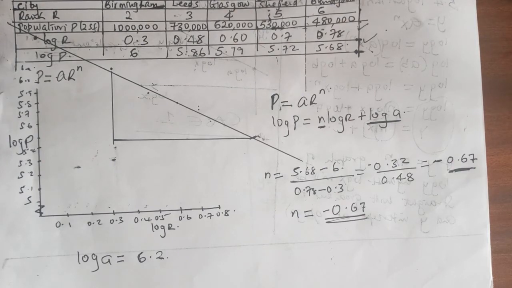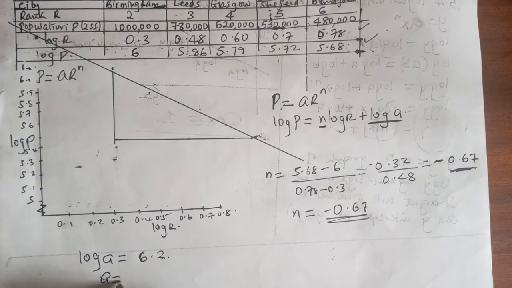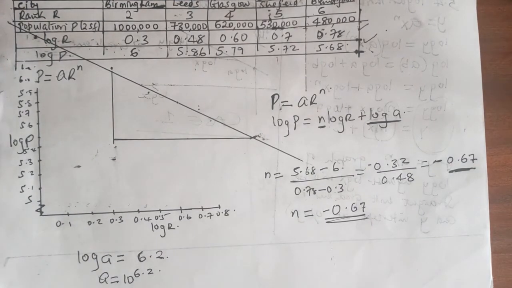So if the logarithm of A is 6.2, it follows that A itself is 10 raised to power 6.2. How is this possible?